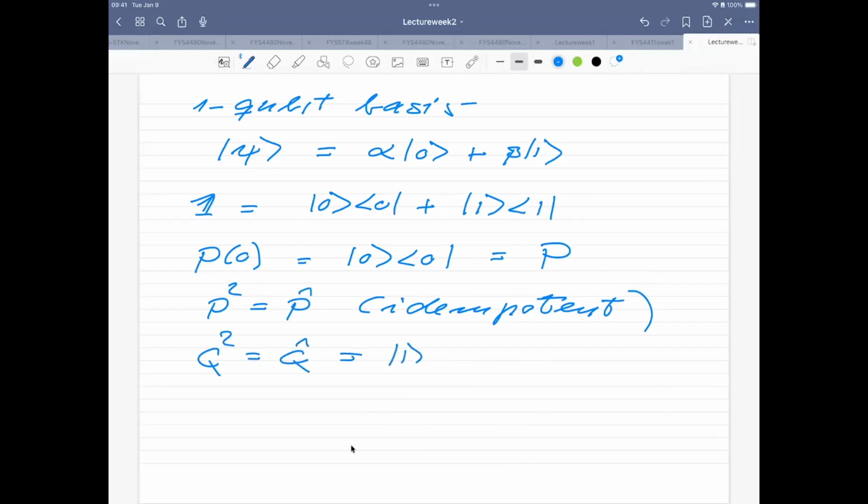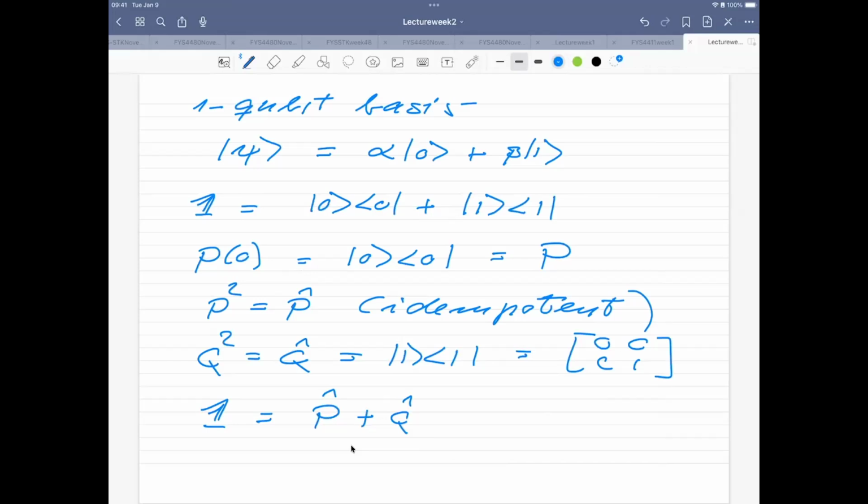And this is given by the outer product of |1><1|. And this is also an idempotent operator. The identity then is just equal to P plus Q. I'm trying to keep these hats on because later I will use P for probability. So P with a hat on is an operator here.